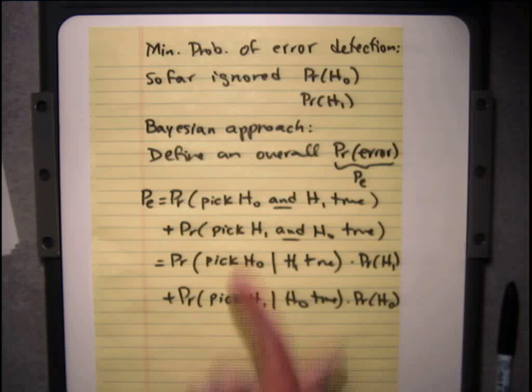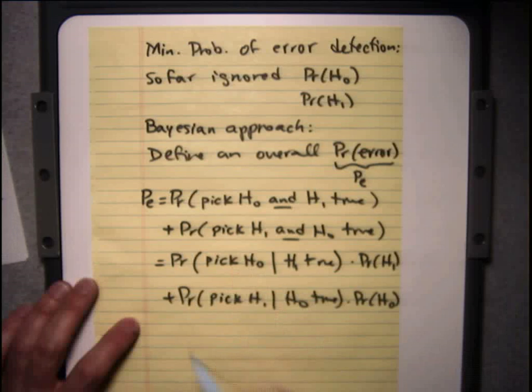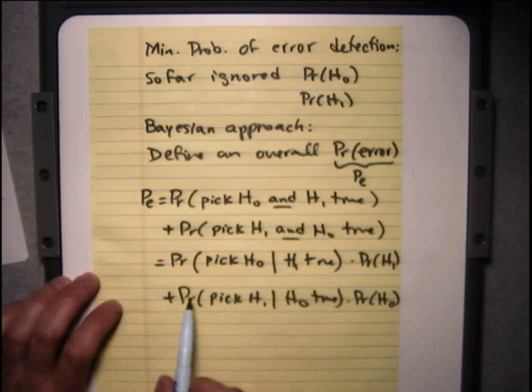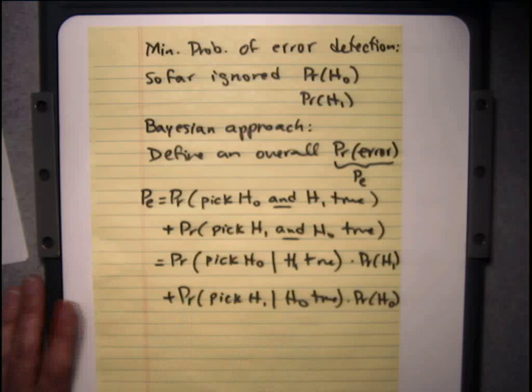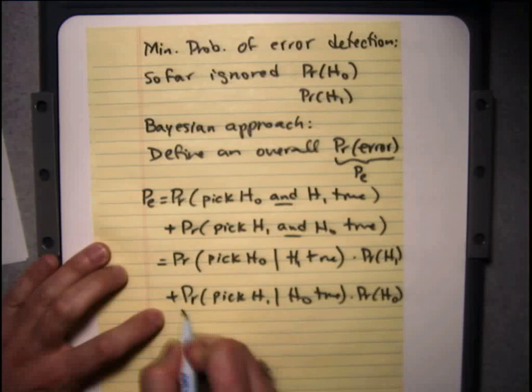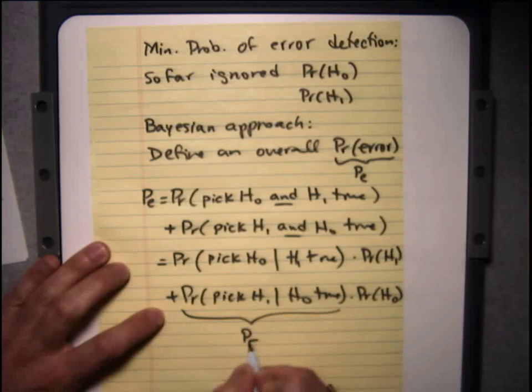These two quantities are quantities we've studied before. In fact, we just studied them. What's the probability of picking H1 when H0 is true? What did we call that just a minute ago? That's the false alarm. So this is the probability of false alarm.